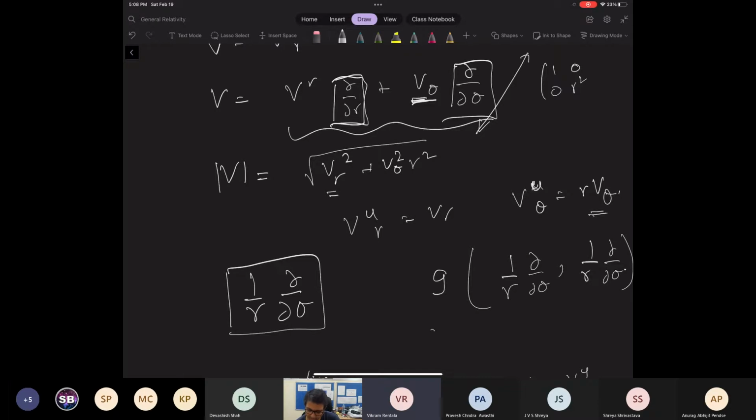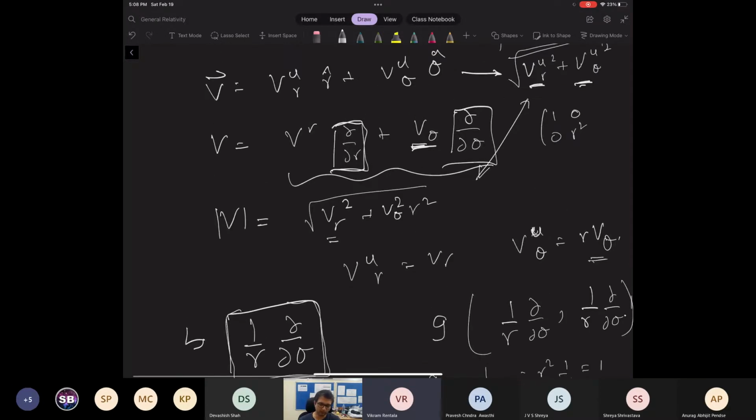What I will get is g_θθ times 1/r². g_θθ is r². This is 1. So this is a unit vector, because now I have a metric by which I can measure magnitudes. Without that metric, there is no way to associate a distance with any of these.